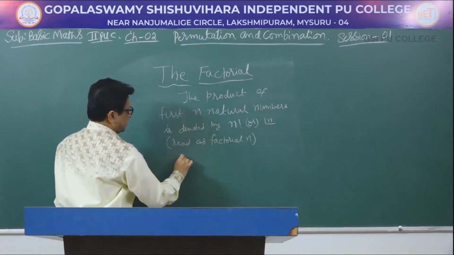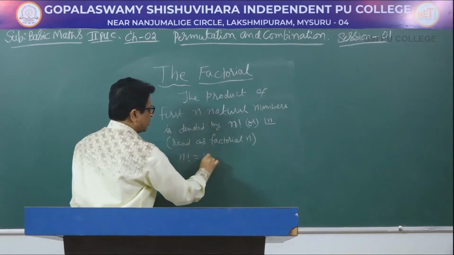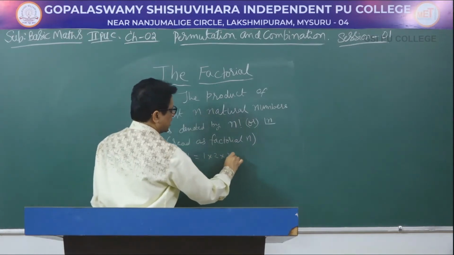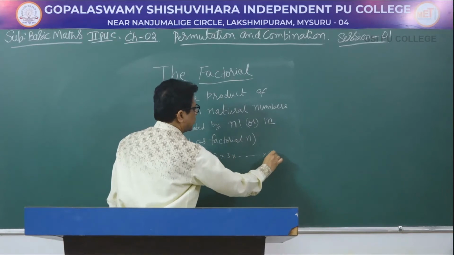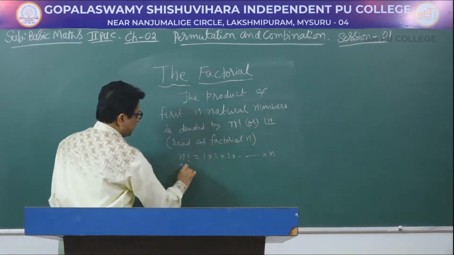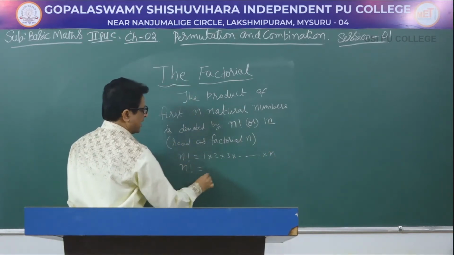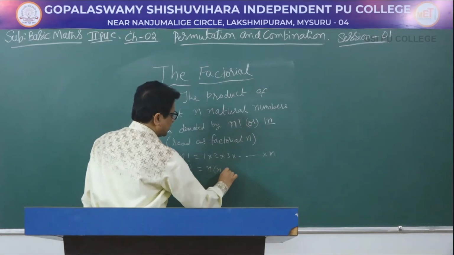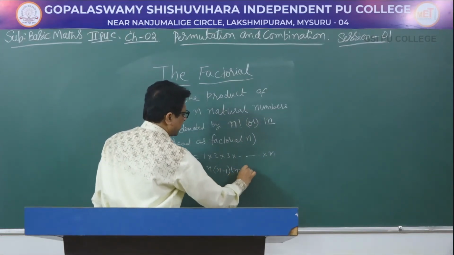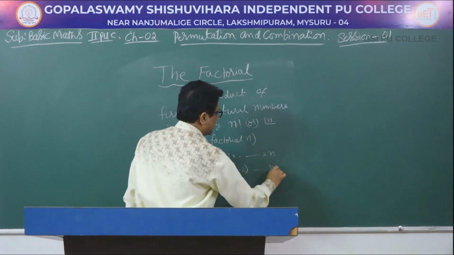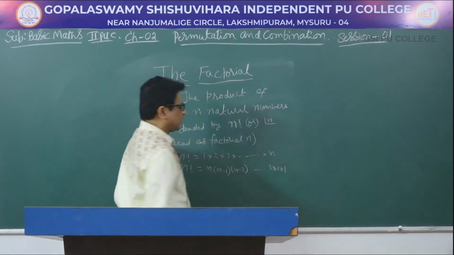That is, n factorial is equal to 1 into 2 into 3 into etc. into n, or n factorial can also be written as n into n minus 1 into n minus 2 into etc. 3 into 2 into 1.